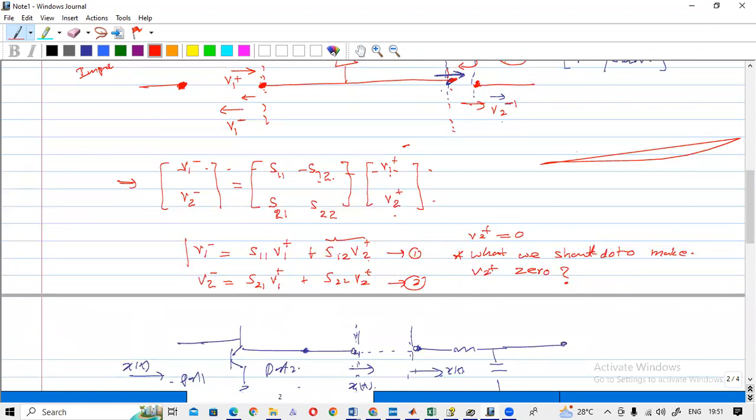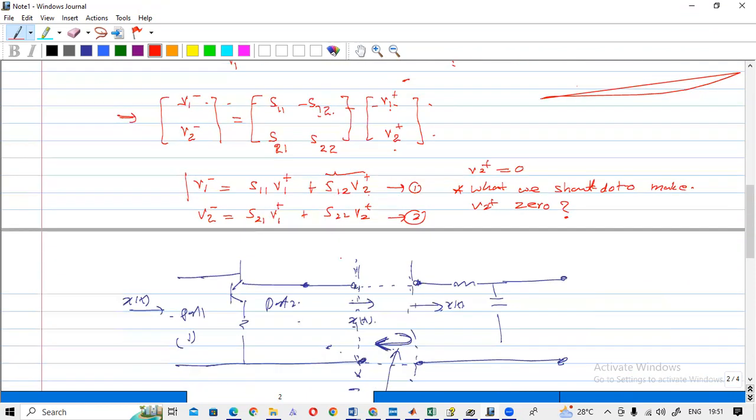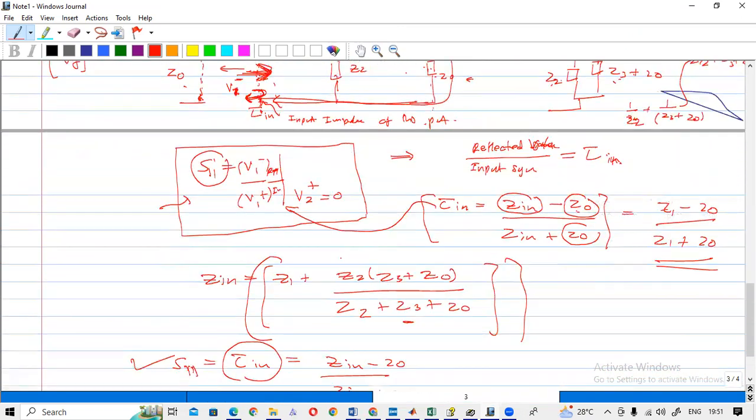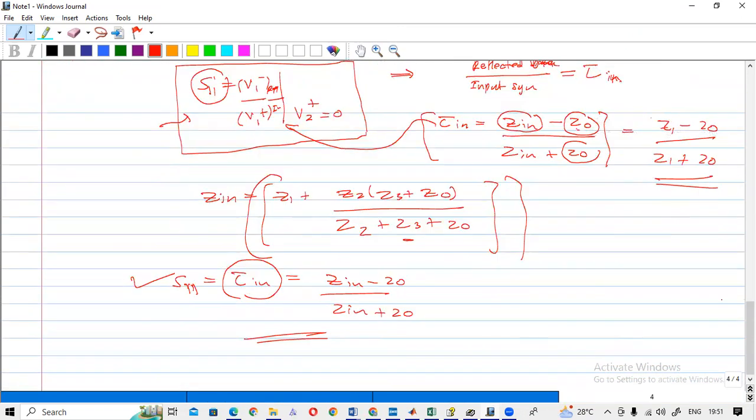So let's say that we need to find S12. Now we will go to another one. To find S12, what you have to do?